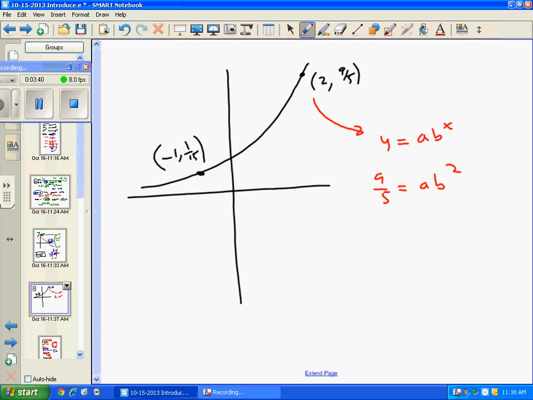And the problem we have is there's no way to solve that and say a equals a number or b equals a number. We could get a alone or b alone, but we can't actually get the value of a or b yet. So we're going to have to plug this other point in. If we do that, we get 1/15 equals a times b to the -1 power.